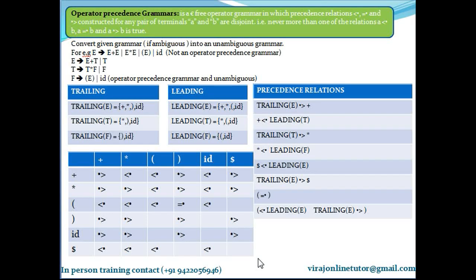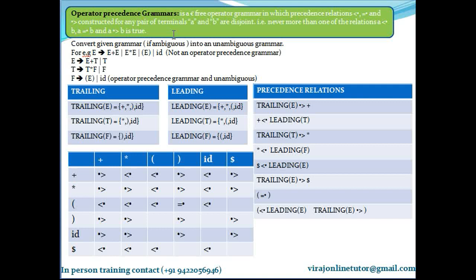Operator precedence grammar is an epsilon-free operator grammar in which the precedence relations such as less than, equal to, and greater than, constructed for any pair of terminals A and B, are disjoint. That is, never more than one of the relations is true.